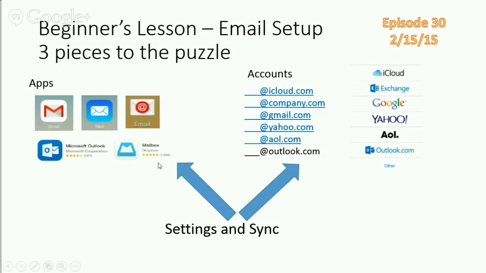The second piece of the puzzle is your email accounts over here. And you might have several. I know I probably have about a dozen email accounts. And one of my main points here to get across is that you do not have to use, for example, the Gmail app to look at your Gmail account.